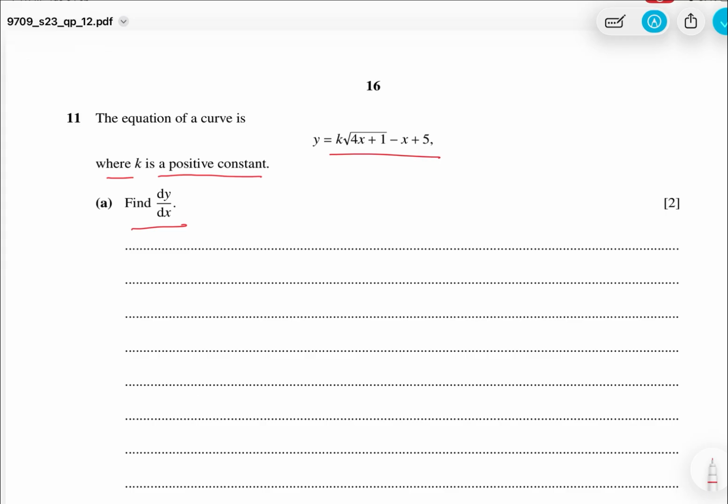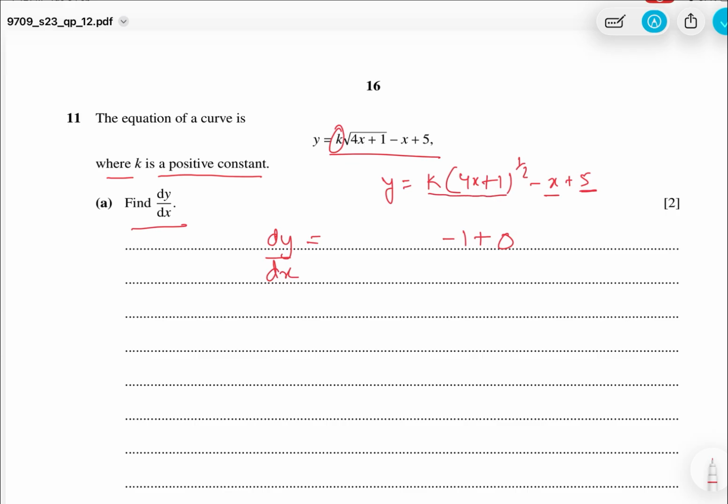Dy by dx. So k is a constant, right? If we differentiate this function, first of all, write it like this: k times (4x plus 1) to the power half minus x plus 5. See, differentiation of 5 is 0, and of minus x is minus 1. Yes or no?